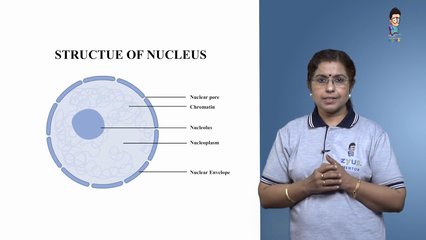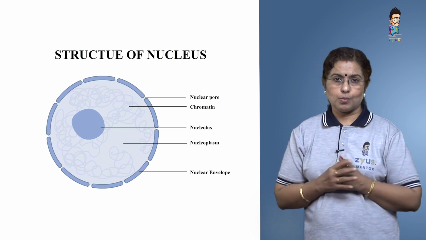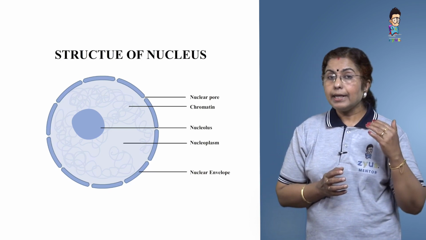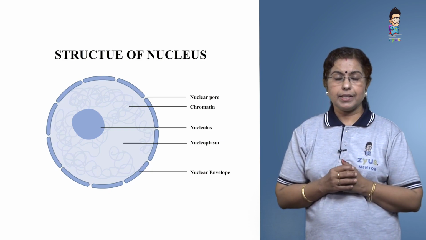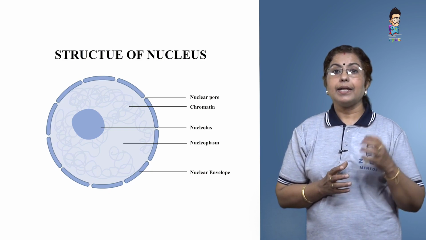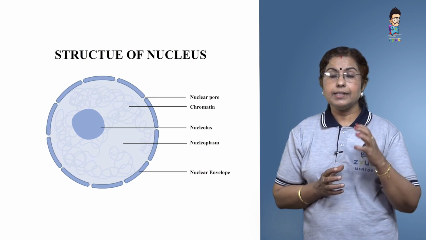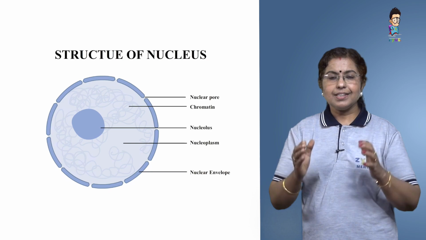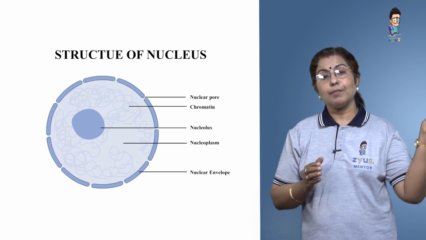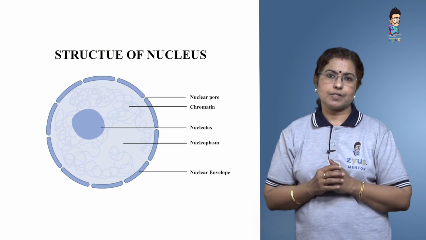The rod-like structures are called chromosomes, and the chromosomes contain the genetic material DNA, and DNA contains genes. They are the hereditary units. The genes carry the characters from parents to offspring.